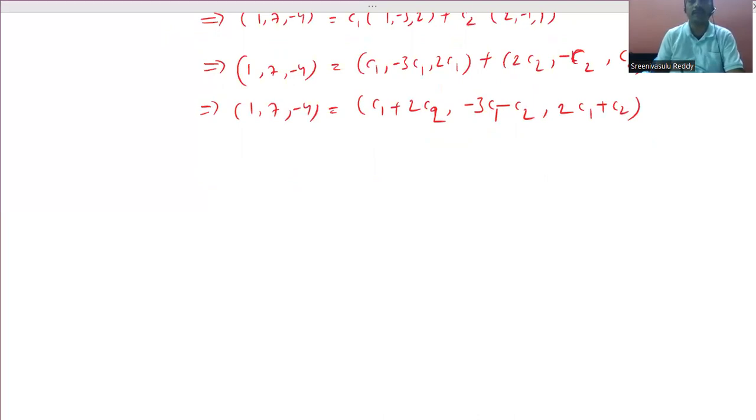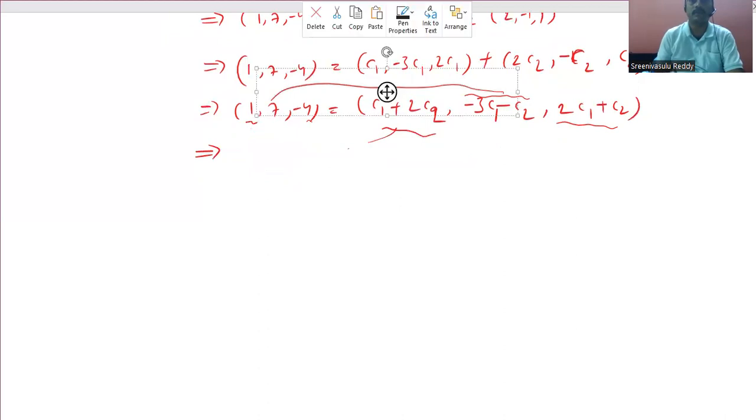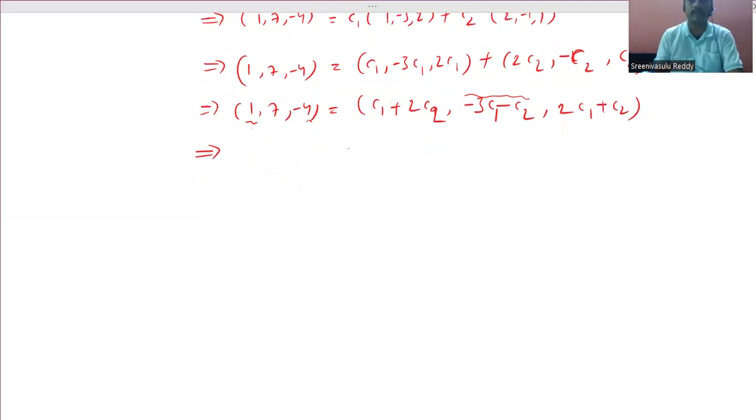The tuples are equal only when the corresponding components are equal, as per n-dimensional vectors. The first component equals 1, the second component equals 7, and the third component equals minus 4.